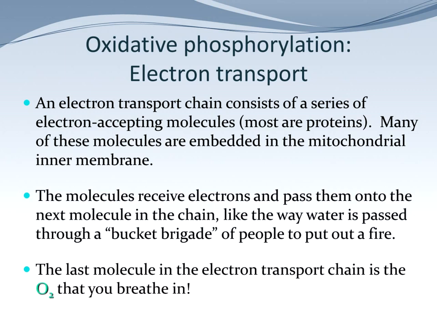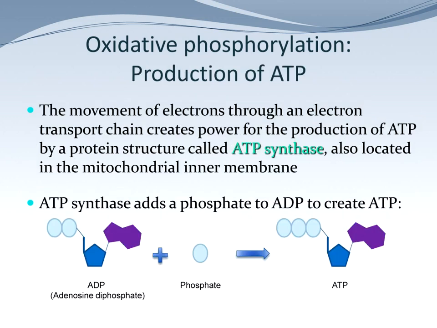The last molecule that is part of the electron transport chain is oxygen gas, which is the oxygen that you breathe in. The purpose of passing electrons from one molecule to the next through an electron transport chain is to power yet another molecule found in the same mitochondrial inner membrane.